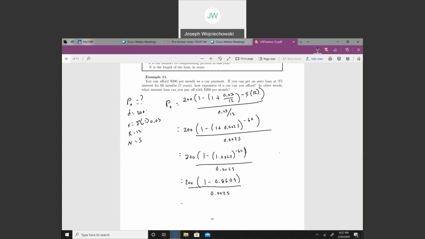So I have 200 times 0.1391 divided by 0.0025. So I have 27.82 over 0.0025. And that equals $11,128.